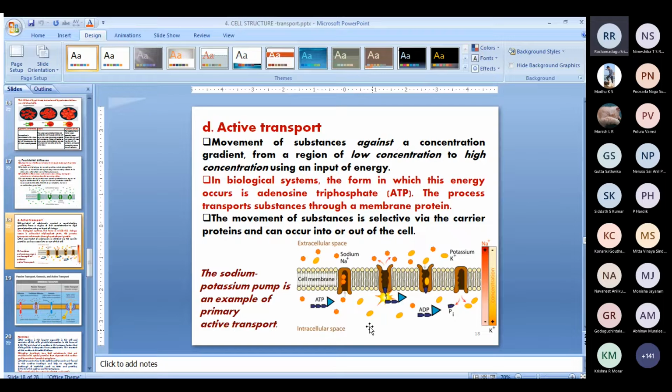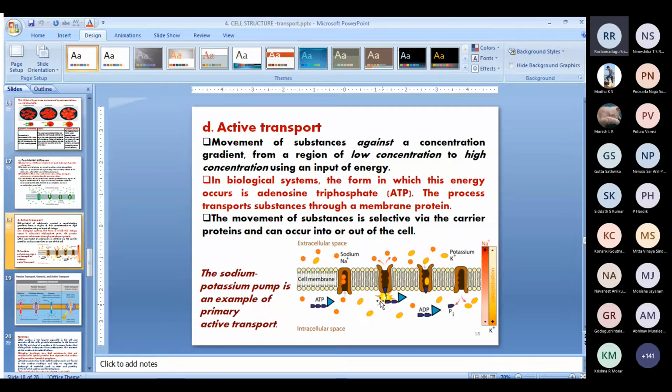In a normal resting cell, which type of ion is more inside the cell? The concentration of potassium is more inside the cell, whereas outside, in the extracellular space, you will have more sodium ions.